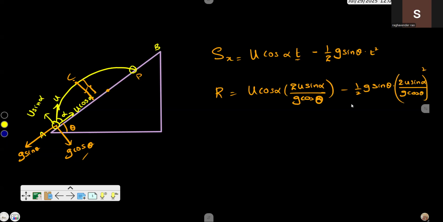This will give you the range of the projectile. I hope you understood.